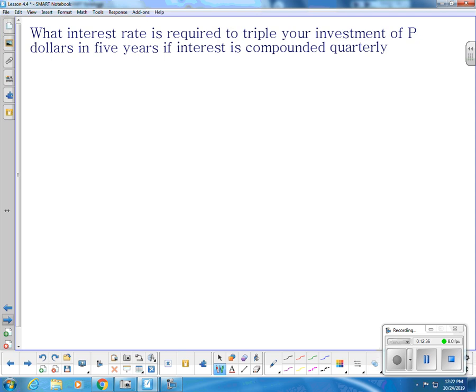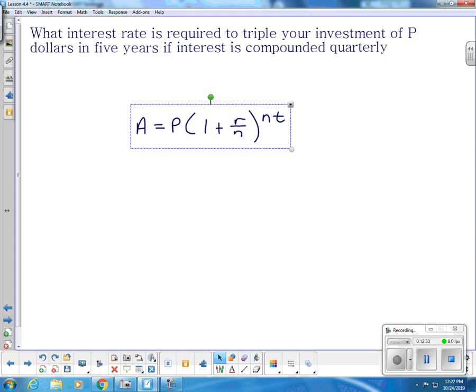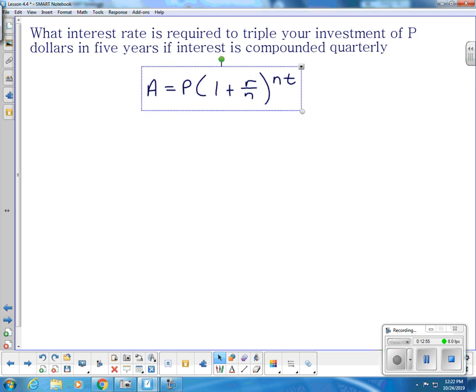What's the interest rate required to triple your investment of P dollars in 5 years if it's compounded quarterly? So let's remember the formula for compounded something other than continuous. Okay? And if I say quarterly, the n stands for a 4, right?